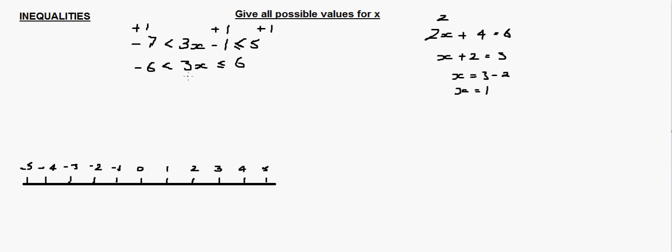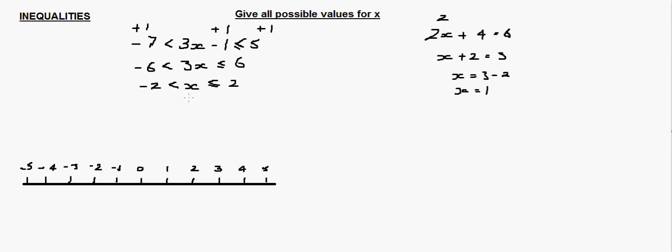So now we have 3x. I don't want 3x, I just want x. Remember the signs stay the same. So I'm going to divide by 3. So minus 6 divided by 3 will be minus 2. And 6 divided by 3 would be 2.